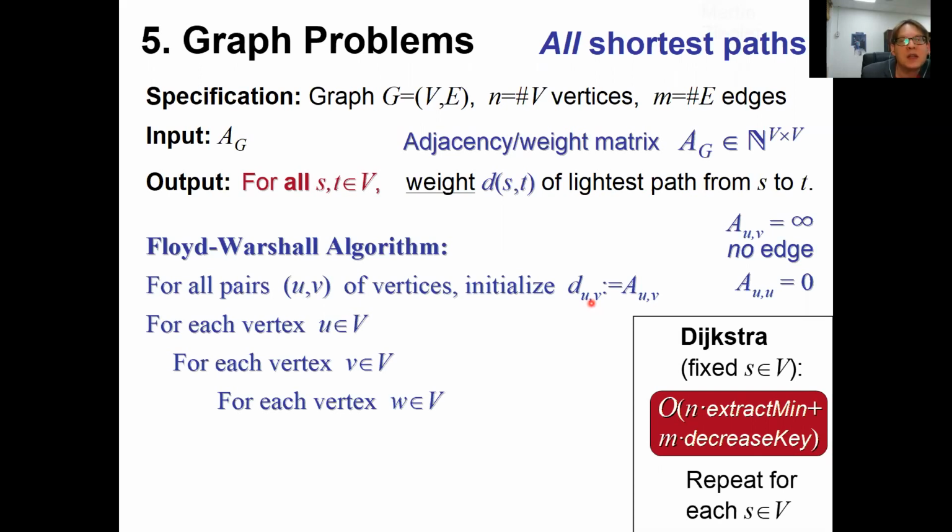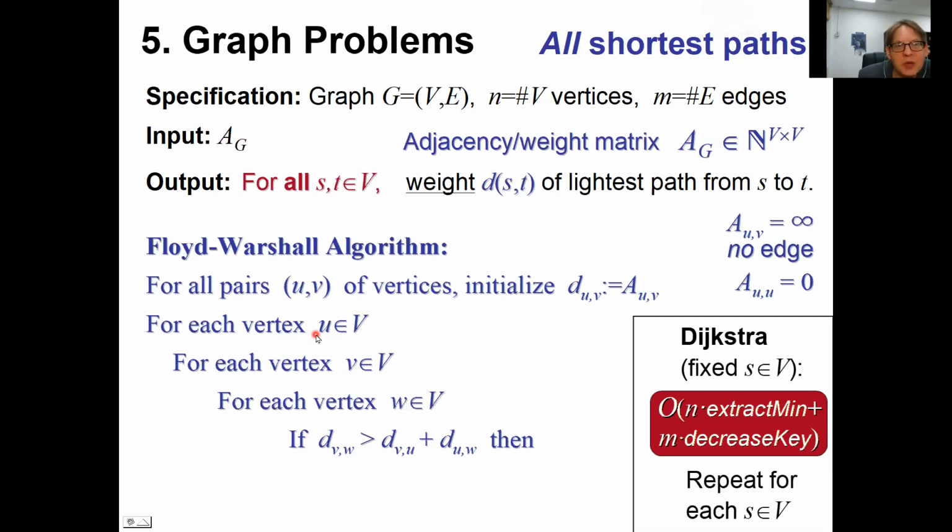The edges' presence or absence is implicit in the adjacency matrix. And for any possible choice of this triple of vertices, u, v, w, what the algorithm will consider is a path from v to w via u.